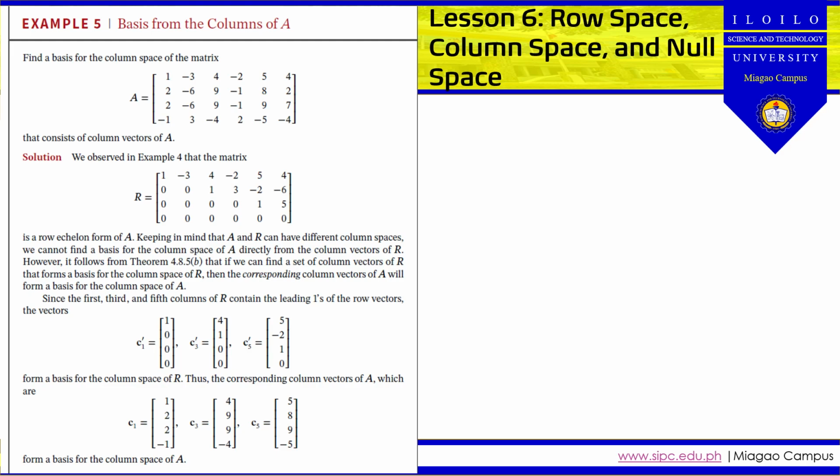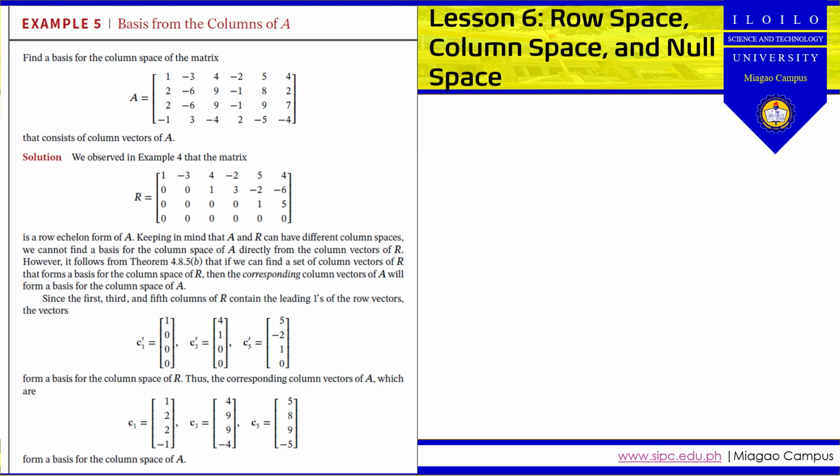Basis from the columns of A. Find a basis for the column space of the matrix A, wherein we have here a 6 by 4 matrix that consists of the column vectors of A. We observe in this particular example, wherein you could transform it to the REF, the row echelon form, that the first, third, and fifth columns contain the leading ones of the row vectors.